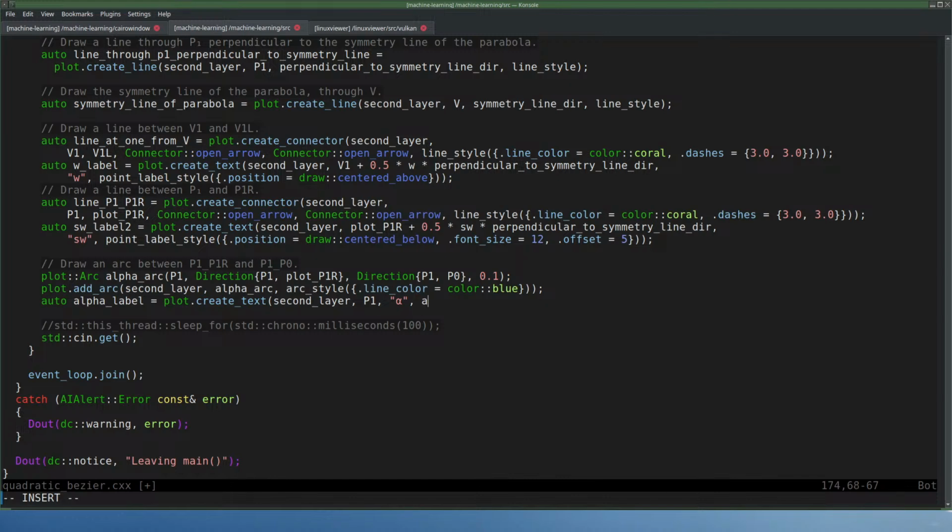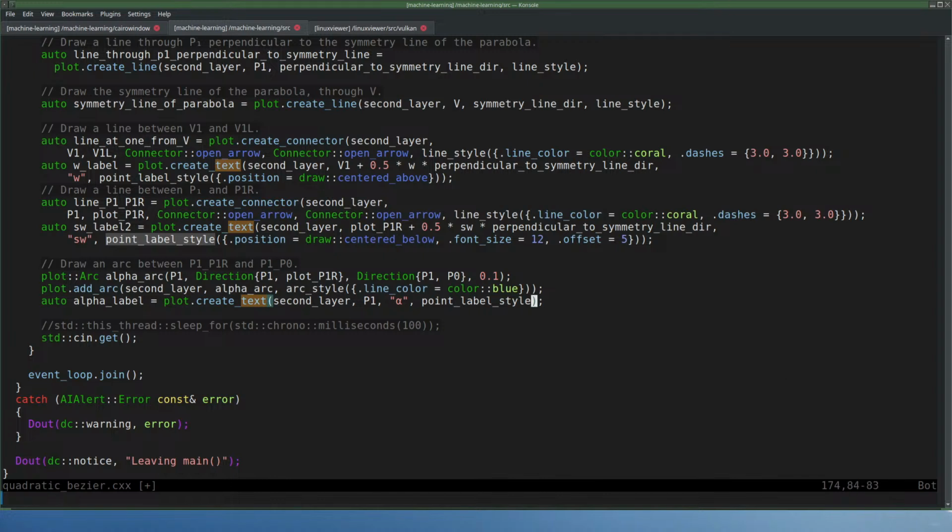And this takes an arc style? No, wait a minute, nonsense. Text style, yeah. I don't have a text style, I think. Point label style, and just keep using the same thing over and over everywhere.